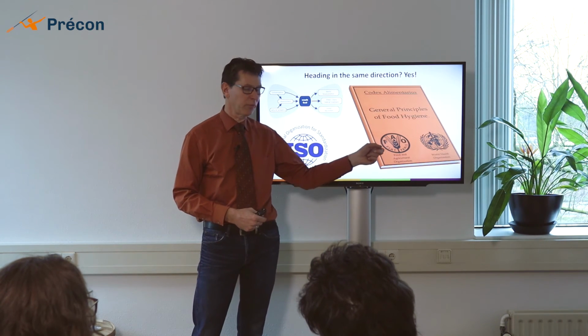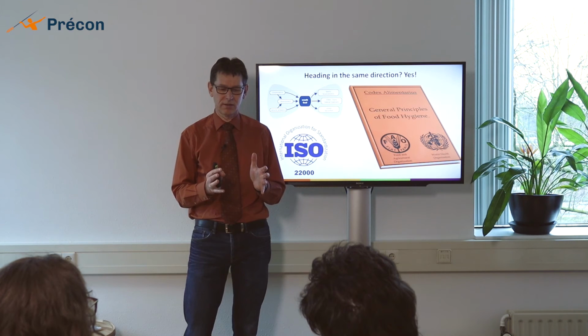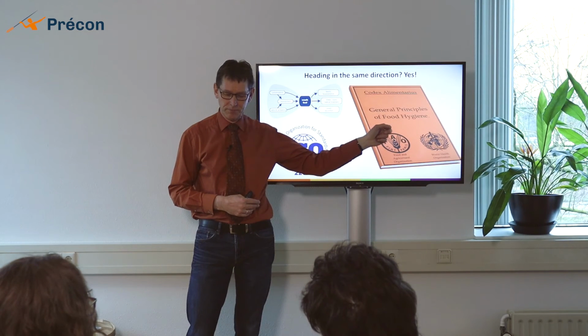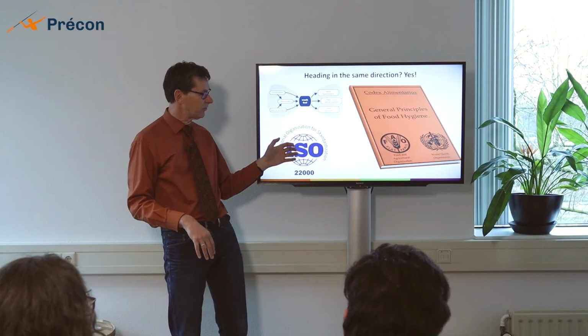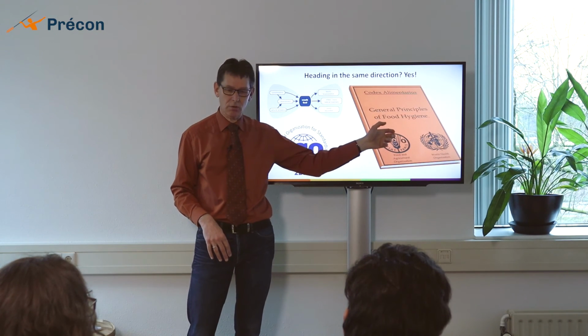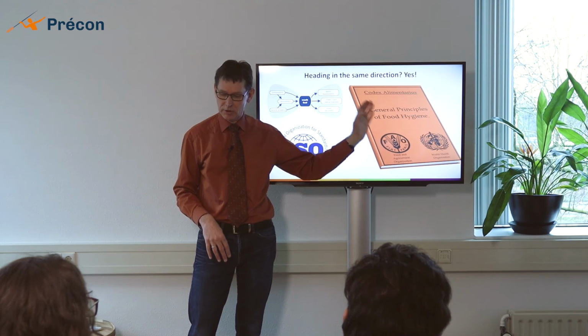The General Principles of Food Hygiene, they're not an industry standard. This is the standard for our governments, and this is a standard that needs to be applied throughout all of the food chain. So this is well-established industry, but this is also catering and agriculture practices and the smaller food business operators.